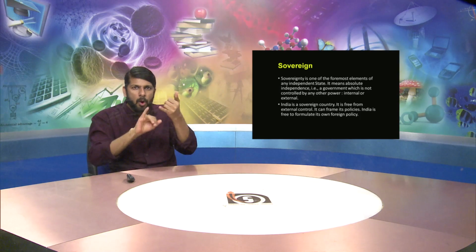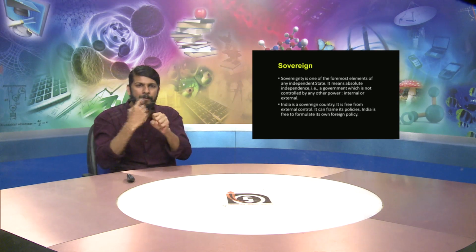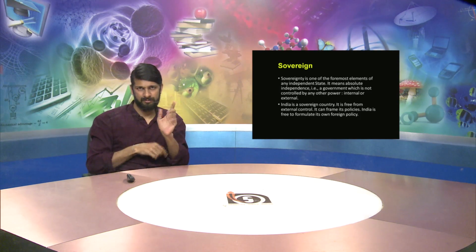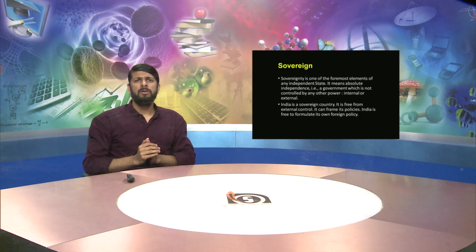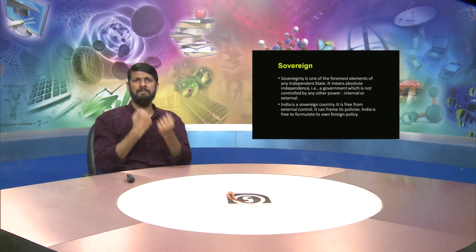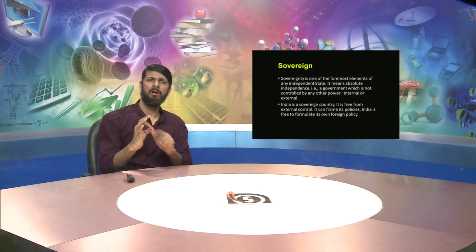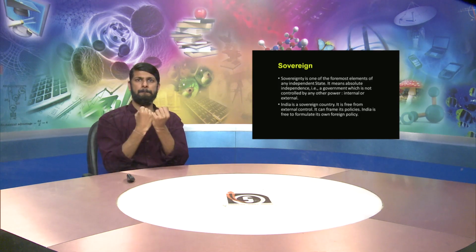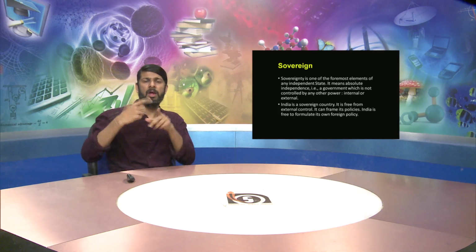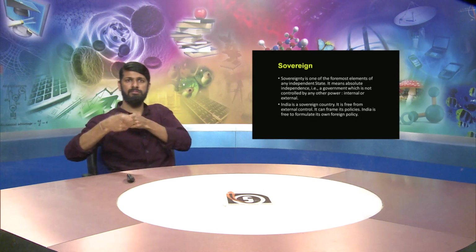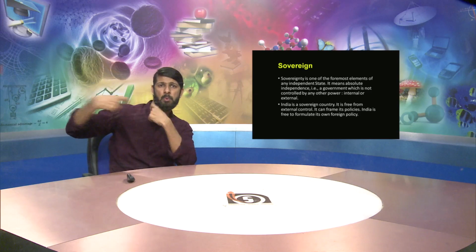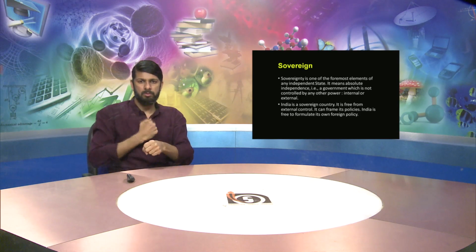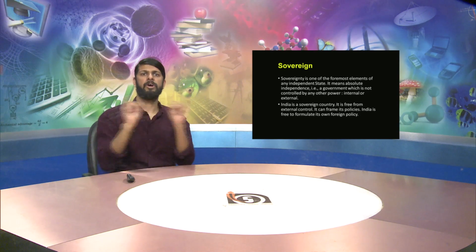Let us now understand the word sovereign. Sovereignty is one of the foremost elements of any independent state. It means absolute independence.